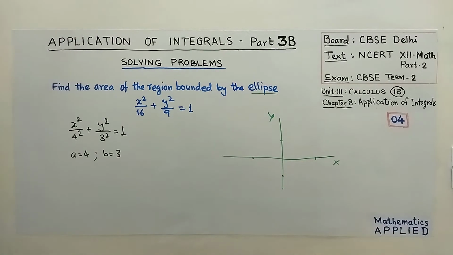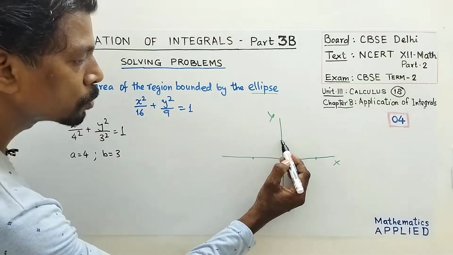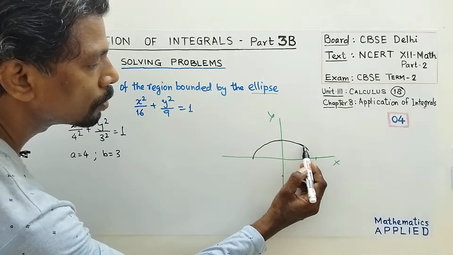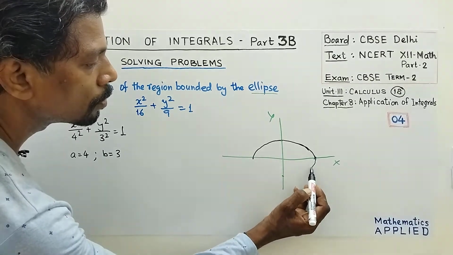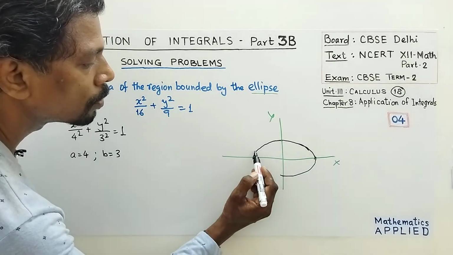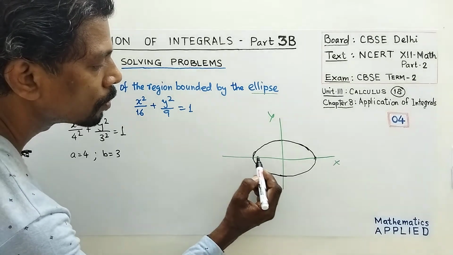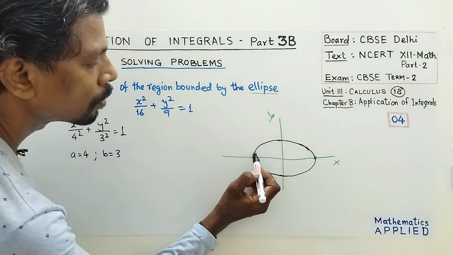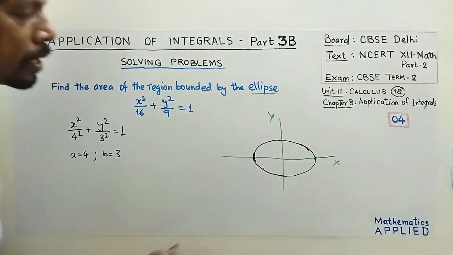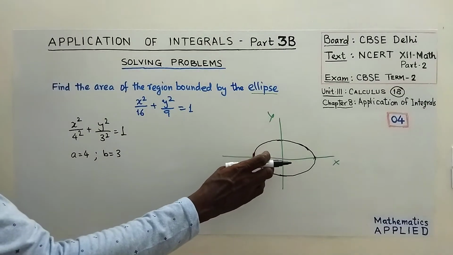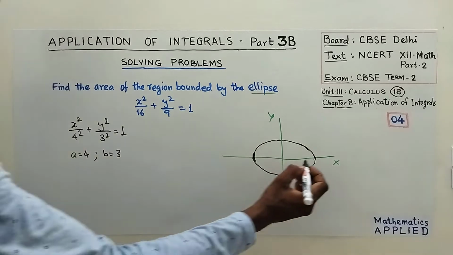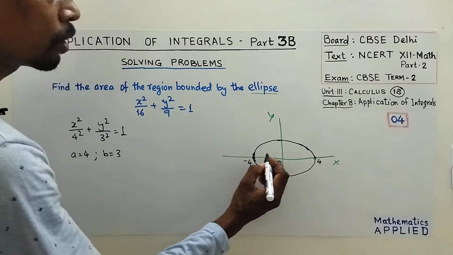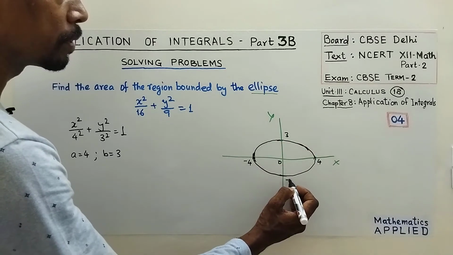And I will draw the graph, a smooth curve you have to draw. Okay, this is the ellipse that is required. So this point is 4 and this point is 0. This point is minus 4. This is 3 and this is minus 3.